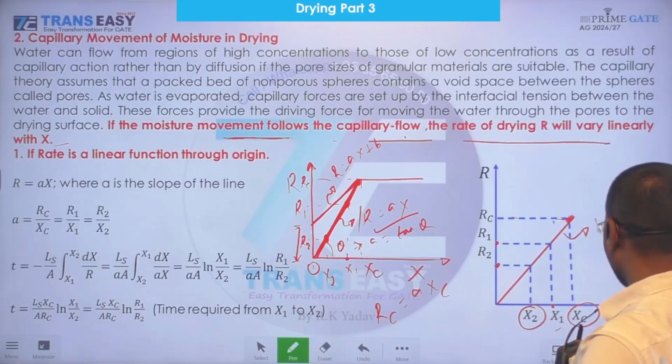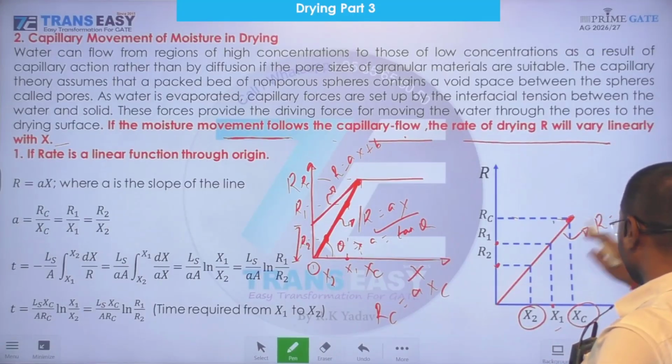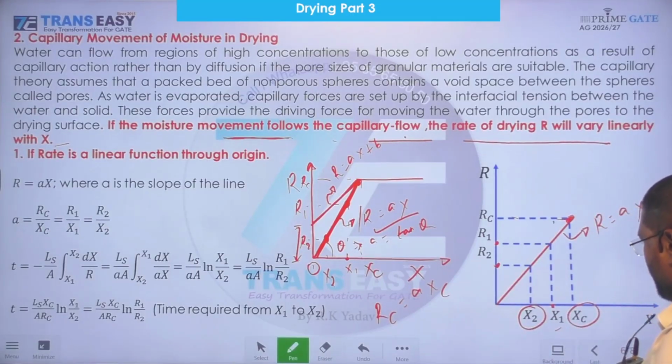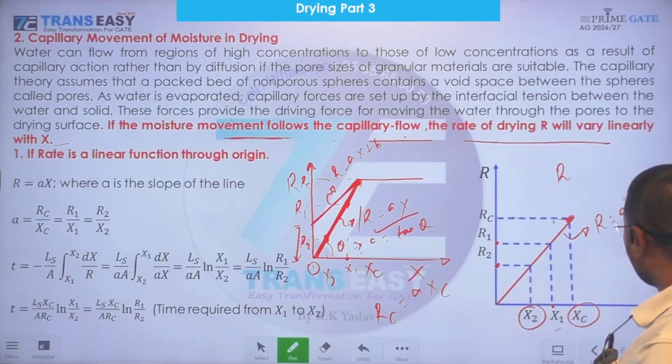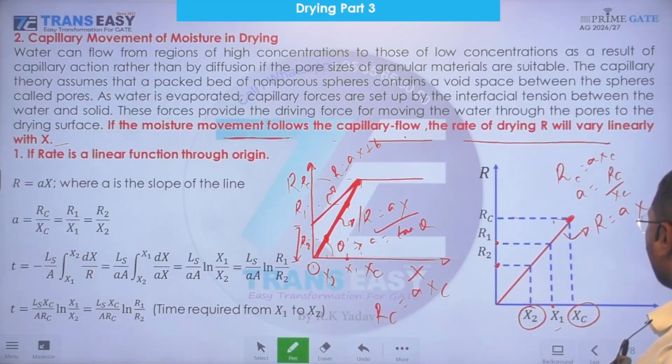And here we have R is equal to AX, general equation of this straight line passing through origin, or drying rate and X relationship during drying. So if X is equal to XC, R becomes RC, AXC. So from this we can write slope of this line is RC upon XC.